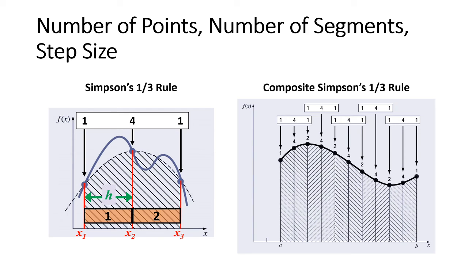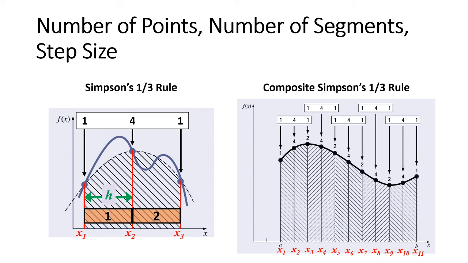Okay, let's extend this concept to the composite Simpson's one-third rule. In this example, at the right-hand side diagram, we have x1, x2, x3, x4, x5, x6, x7, x8, x9, x10, and x11 from A to B, and they are all equally spaced. So I am applying composite Simpson's one-third rule with 11 points in this case.